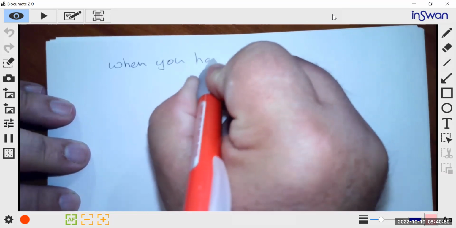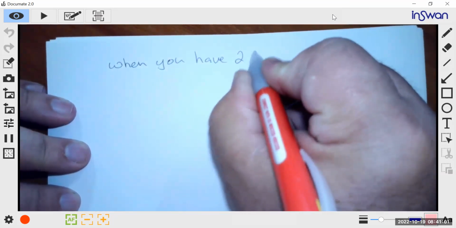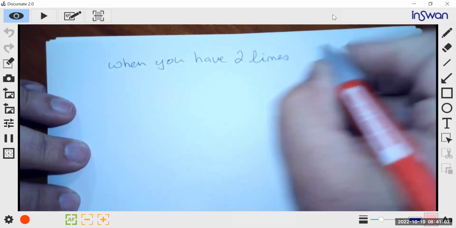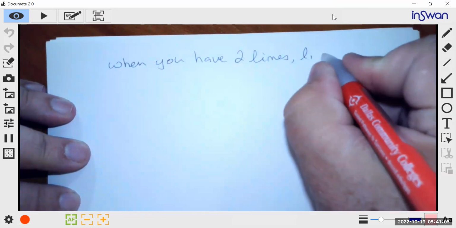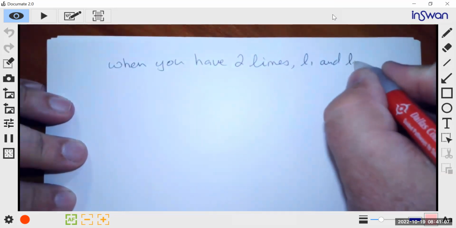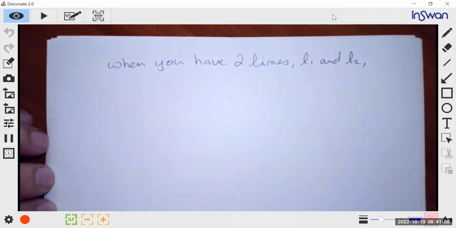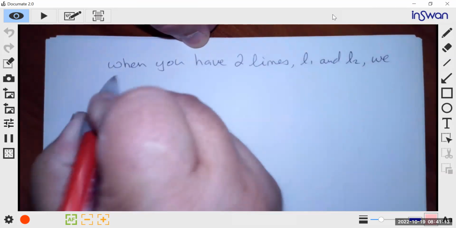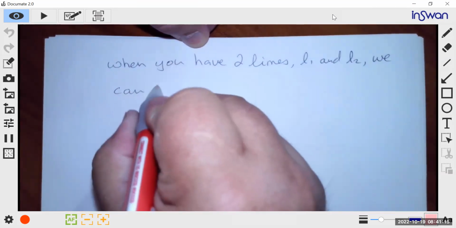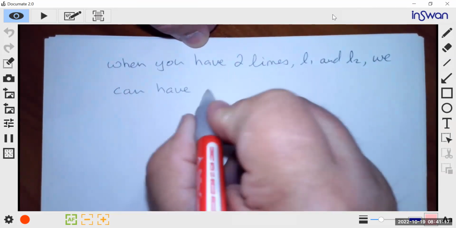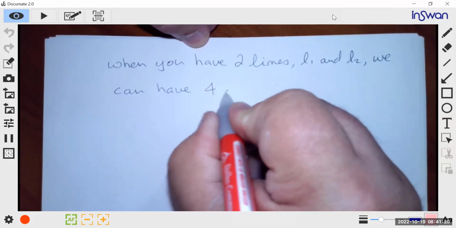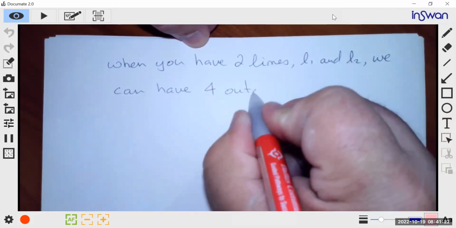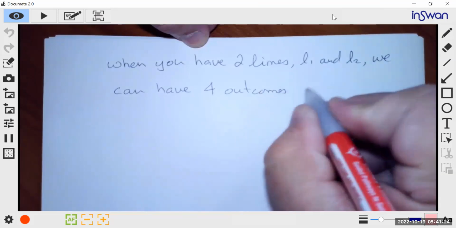When you have two lines, L1 and L2, we can have 4 possible outcomes.